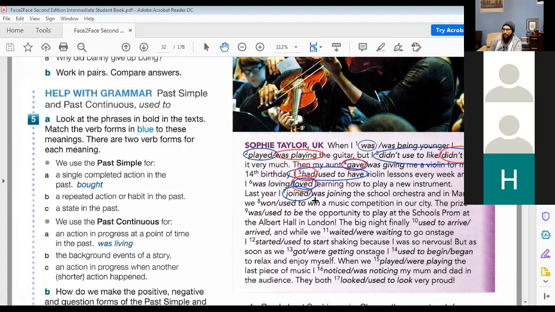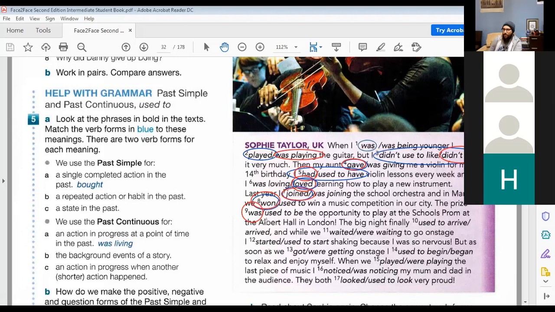"We won a music competition in our city." Same answer, even me, "we won." Yes. Okay. "The prize was the opportunity to play at the school." Yes, even me, "the prize was." Okay.